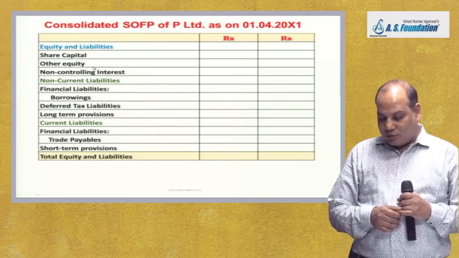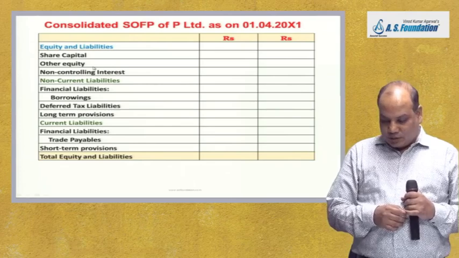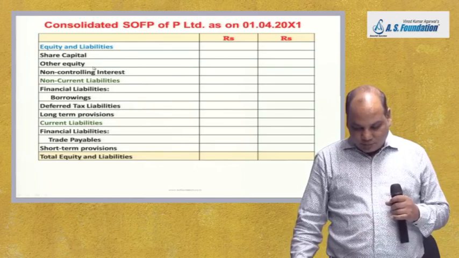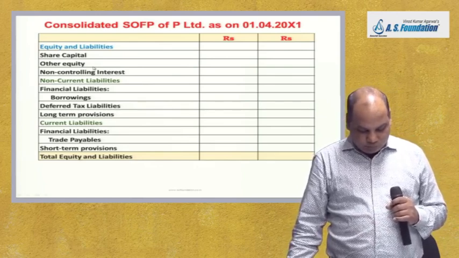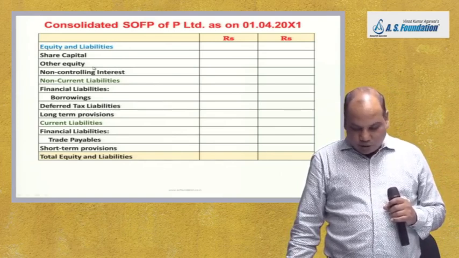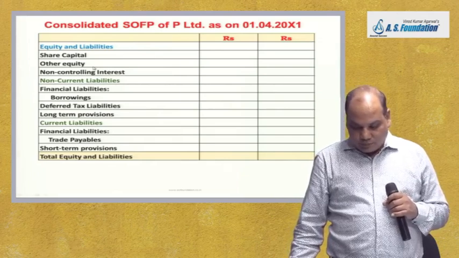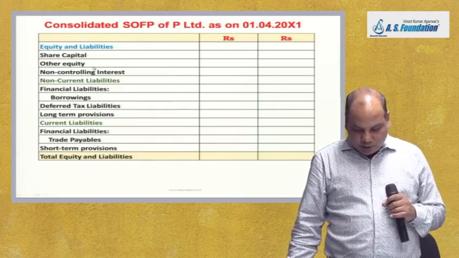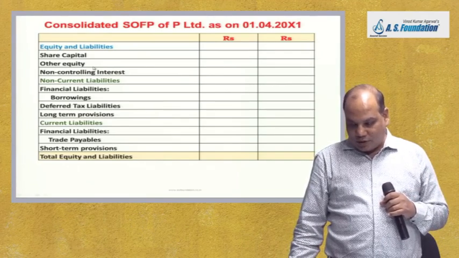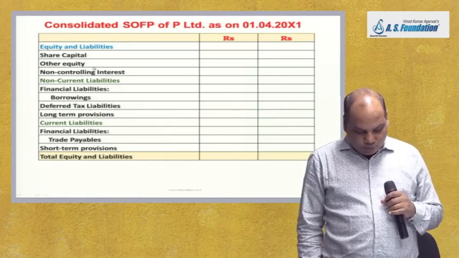Then write non-current liabilities. Under non-current liabilities write financial liabilities. Under financial liabilities write long-term borrowing, then write deferred tax liabilities, then write long-term provisions.